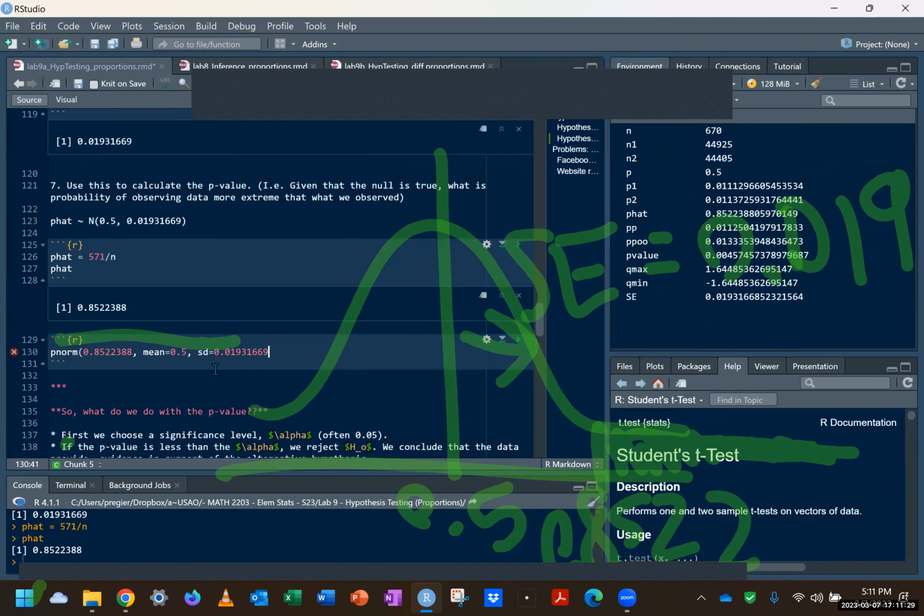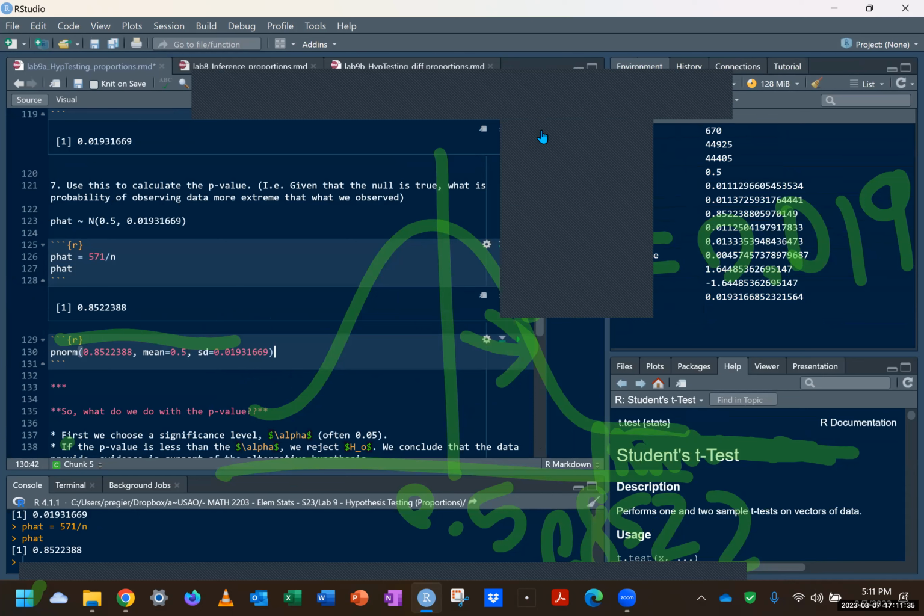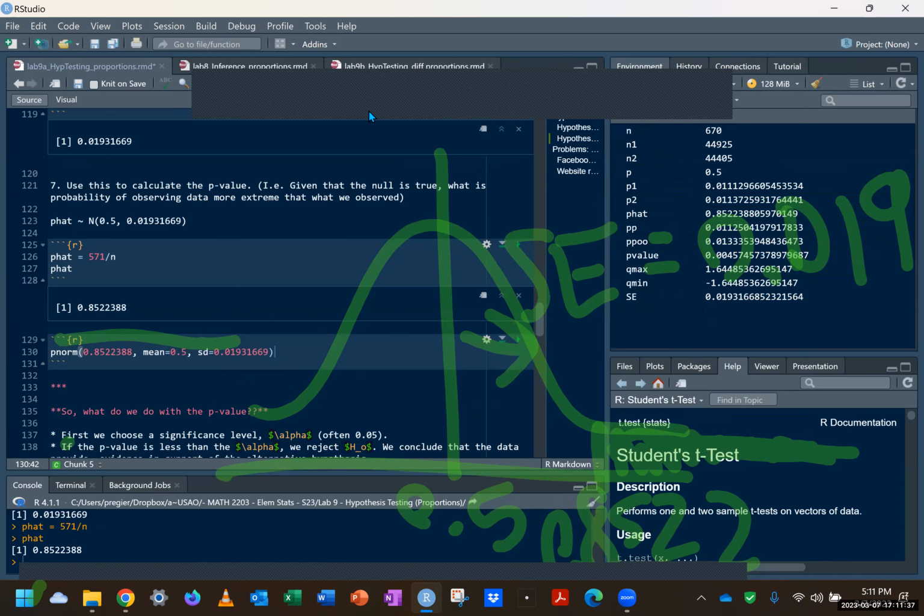So if that's the lower tail probability, that would be this right here. We don't want that. We want the upper tail. So we've got to do 1 minus. We always got to draw and see what kind of probability we're looking for. P-values are always going to be something more extreme, so we're going to go more away from the mean.